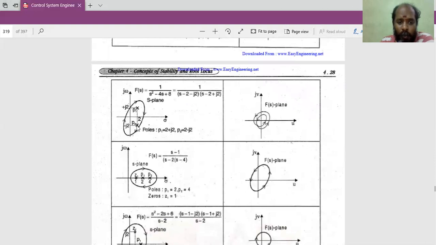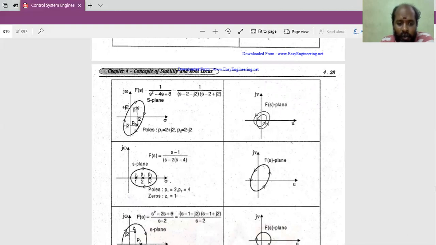We say two poles are there, and this is your enclosed region in the S plane. Then you see it in the F of S plane. You see two encirclements in anti-clockwise direction. Then only you can say it is stable. So two poles, so two encirclements in the F of S plane in anti-clockwise.